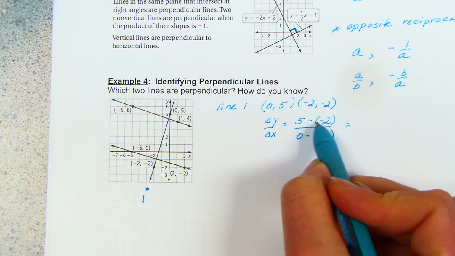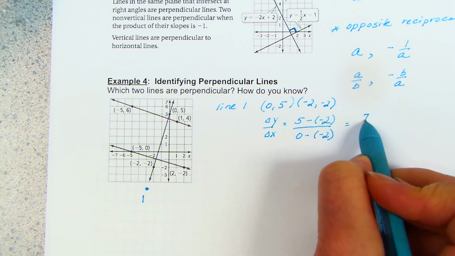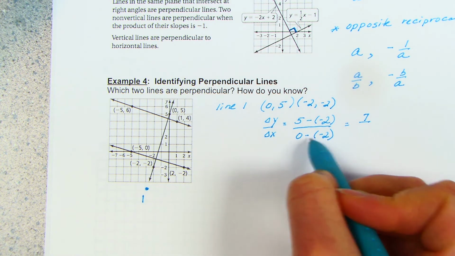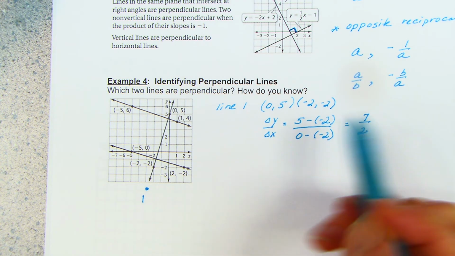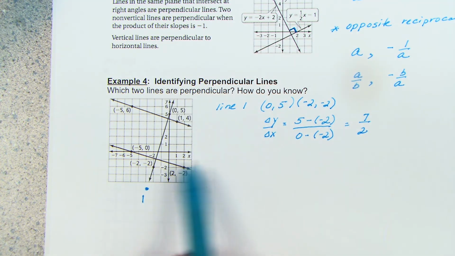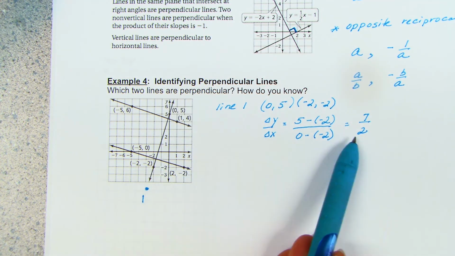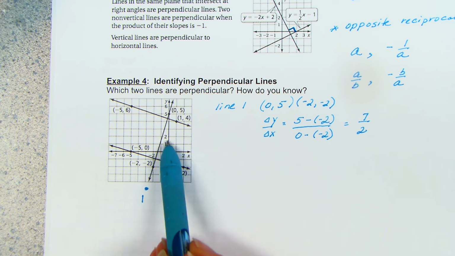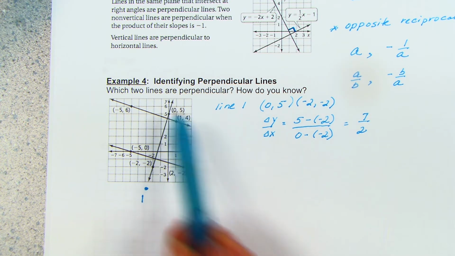All right. 5 plus positive 2 is 7, and 0 plus positive 2 is 2. So the slope of this one is 7 over 2. That means I would go over 2 for the change in the x, and up 7. 1, 2, 3, 4, 5, 6, 7.